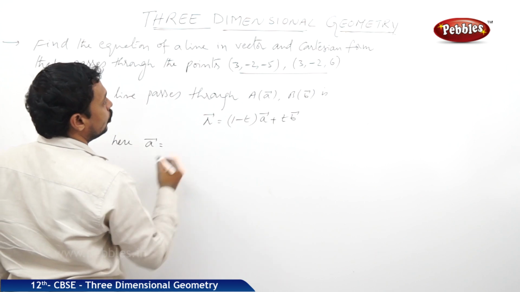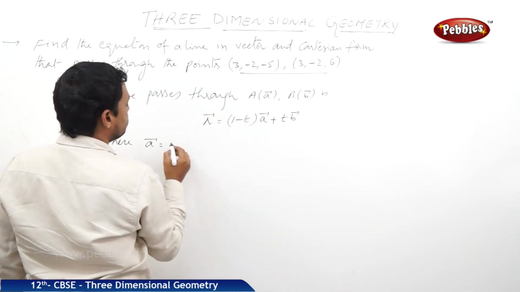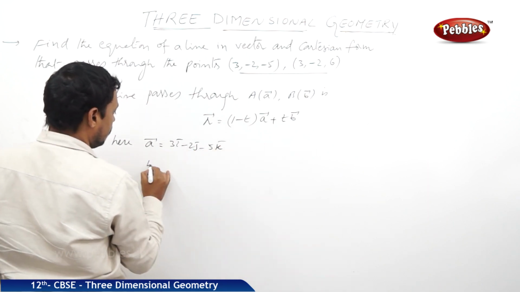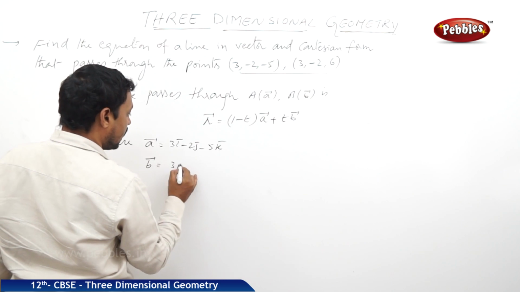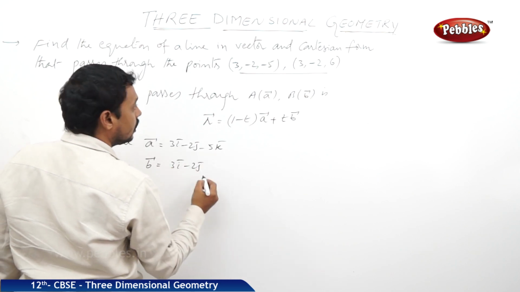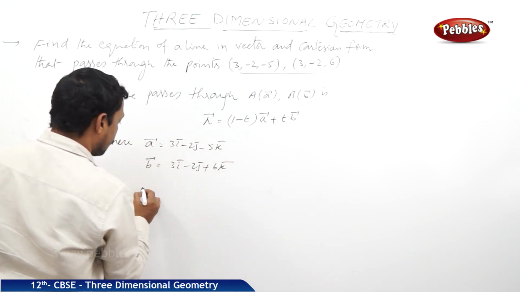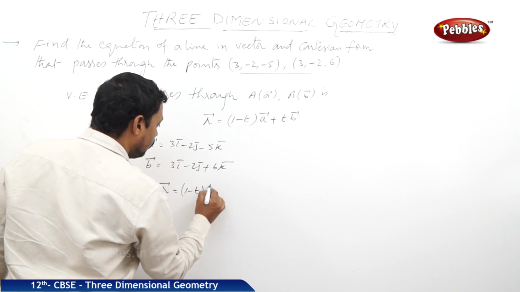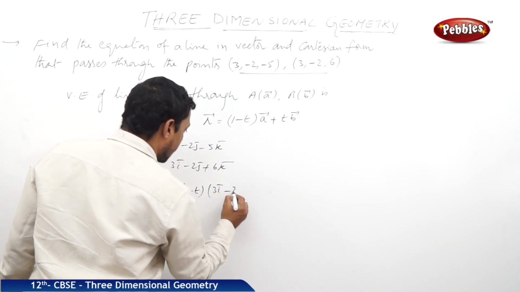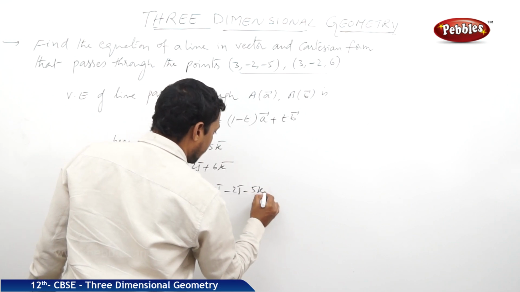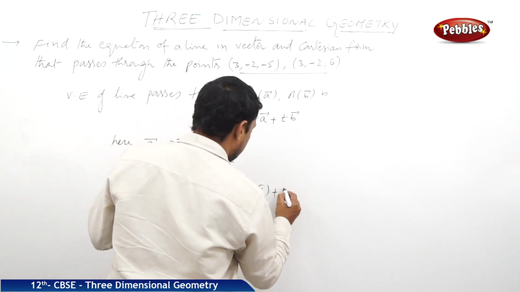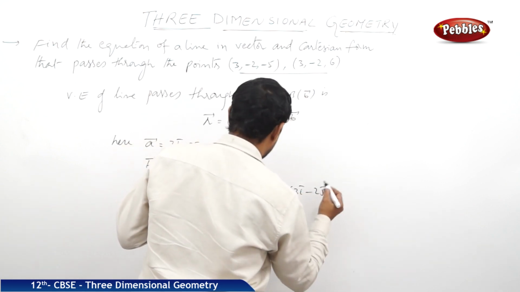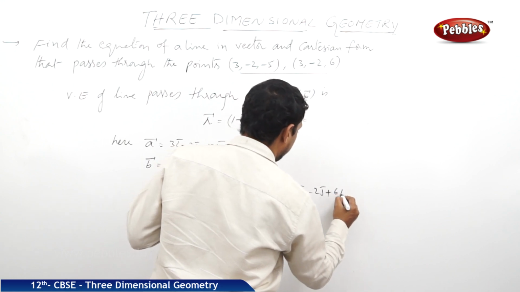the A vector is equal to the position vector of this point, that is 3i minus 2j minus 5k, and B bar is equal to 3i minus 2j plus 6k. Therefore, the vector r bar is 1 minus t into 3i minus 2j minus 5k plus t into 3i minus 2j plus 6k.